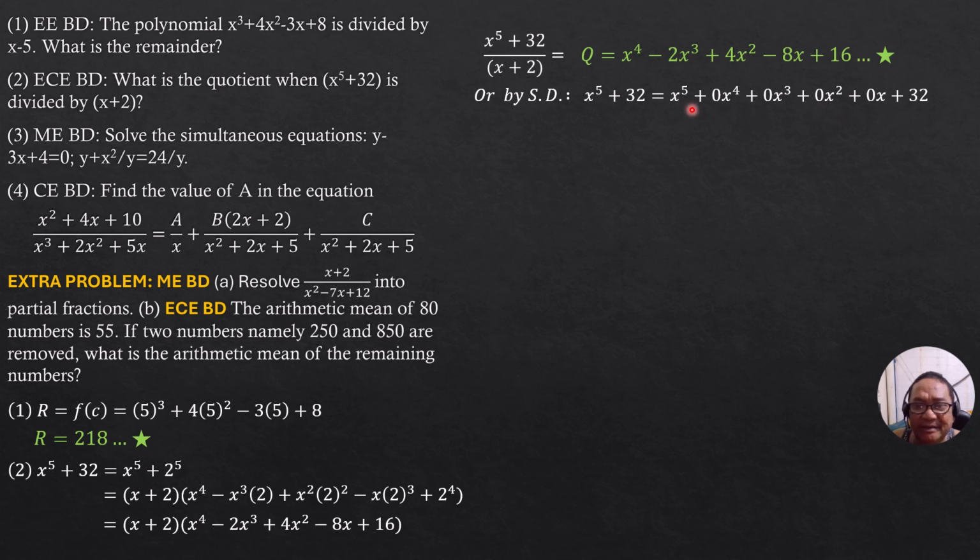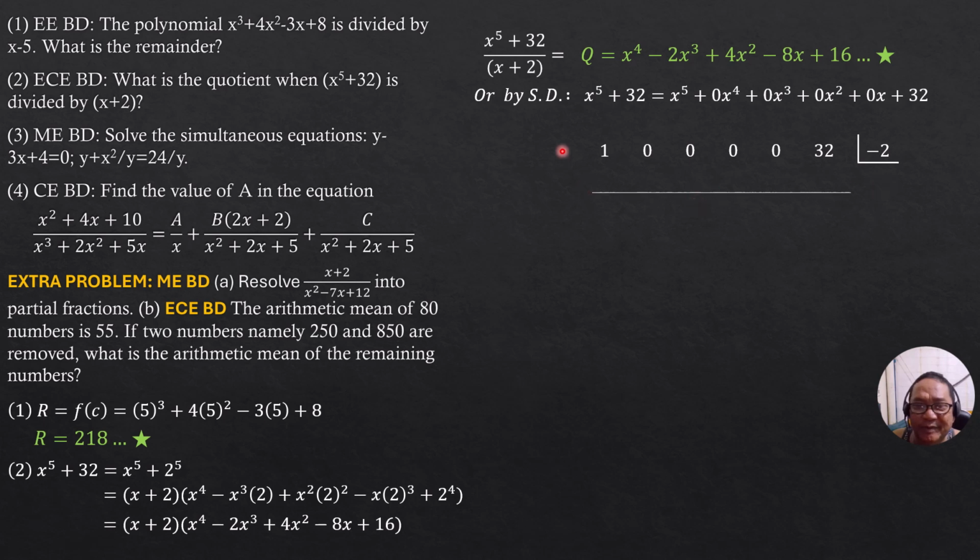Then we collect the coefficients of the terms of this dividend: 1, 0, 0, 0, 0, 32. Then the root, because the divisor is x plus 2, is negative 2. So we have here negative 2.